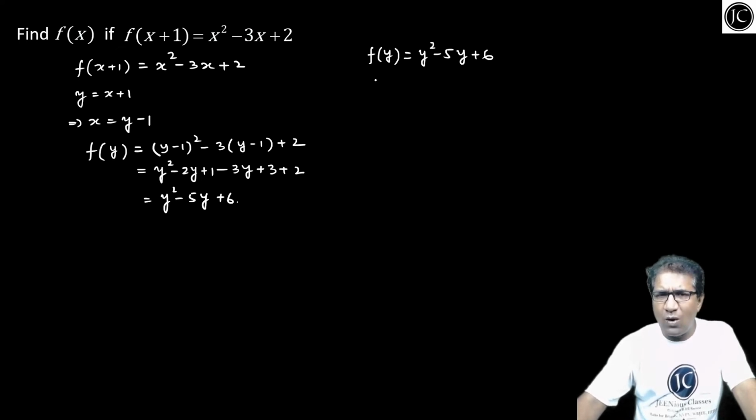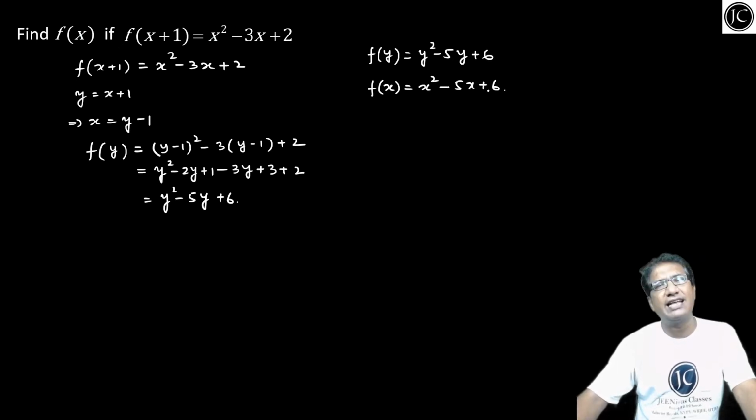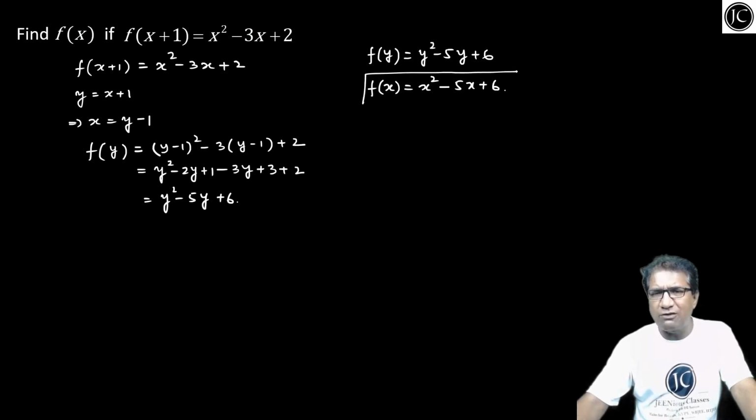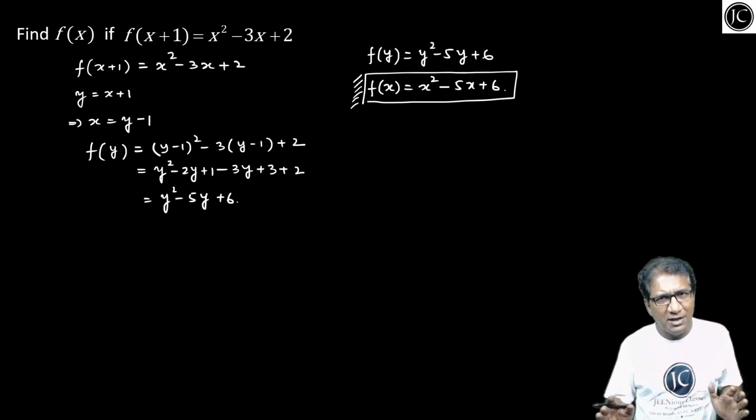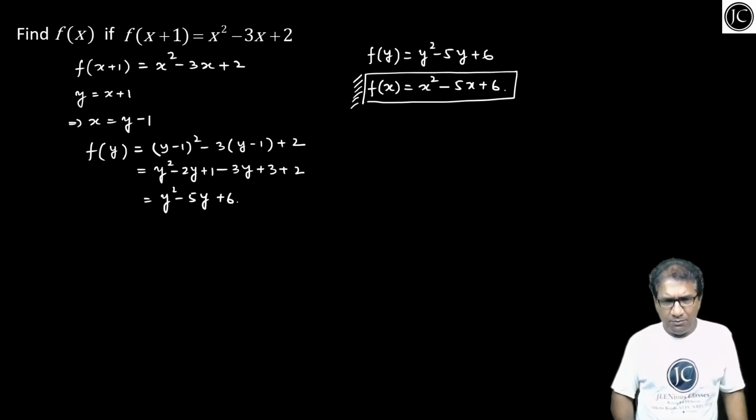So I can replace y by x, so we will get fx is x square minus 5x plus 6. That's it. Is it clear to all of you? So this is the function that we actually have to find out in the question. Clear हुआ बच्चों? Okay. चलो next problem.